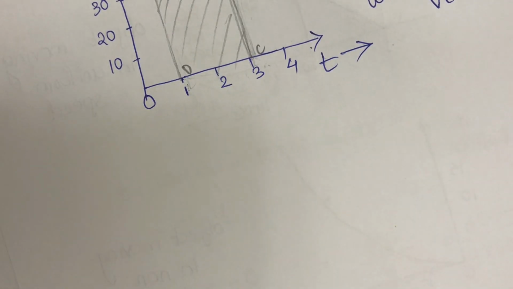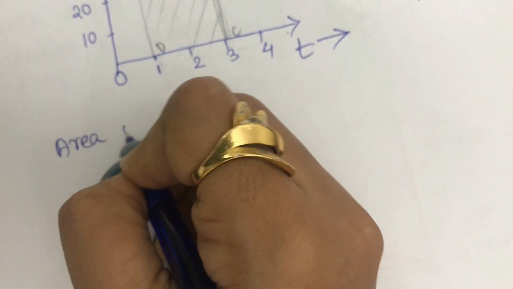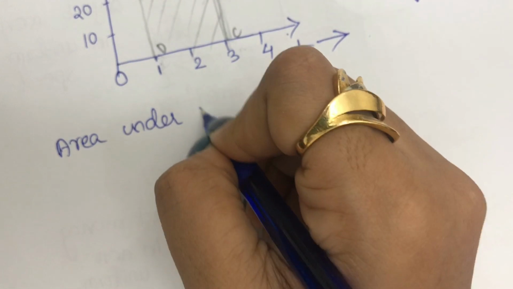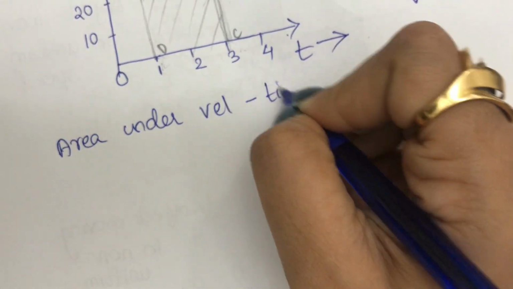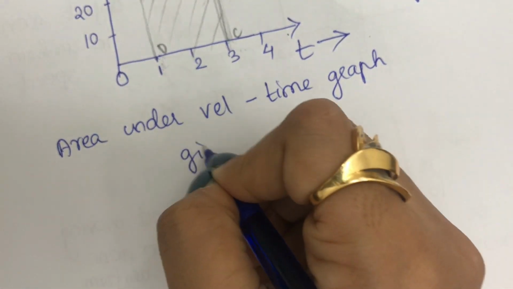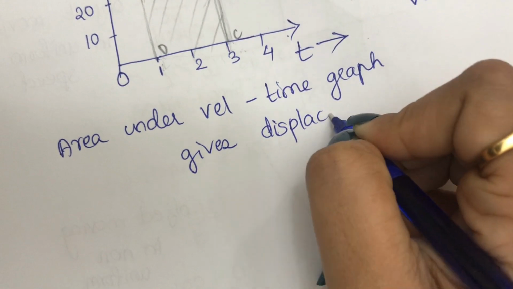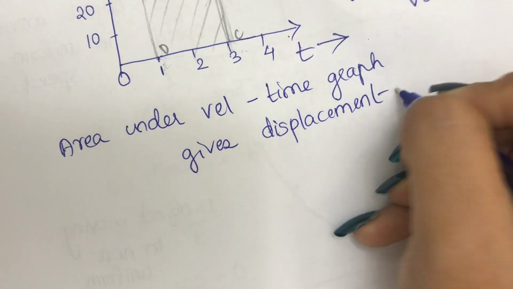So here the area under the velocity-time graph gives what? Displacement. How?